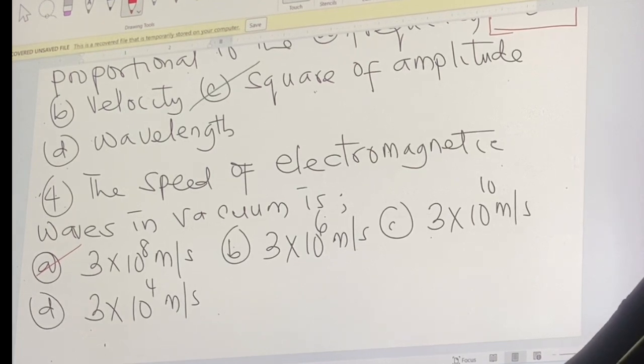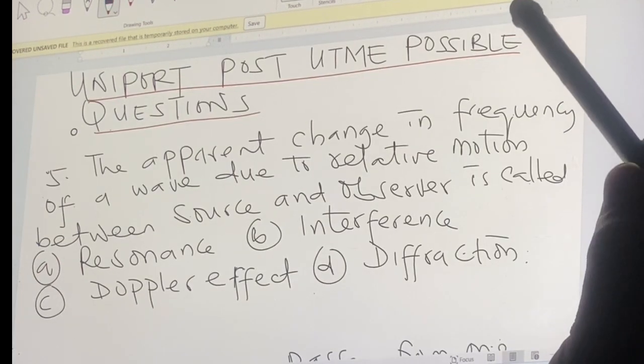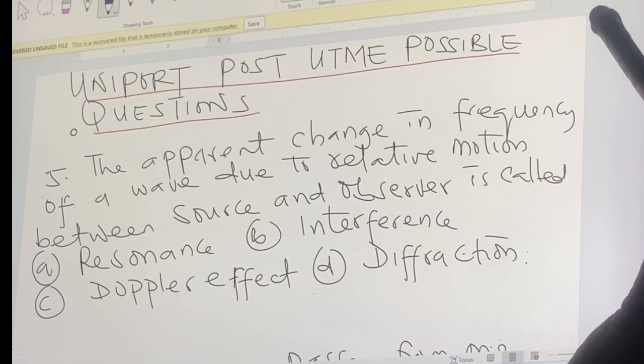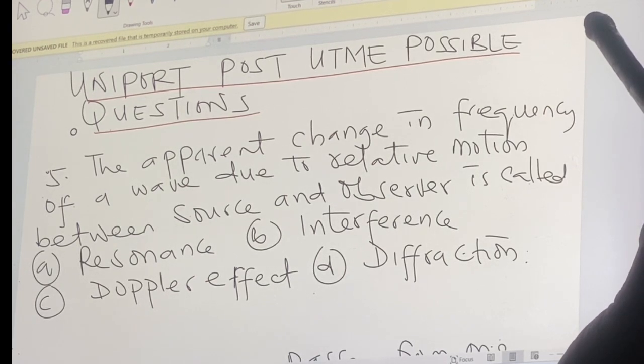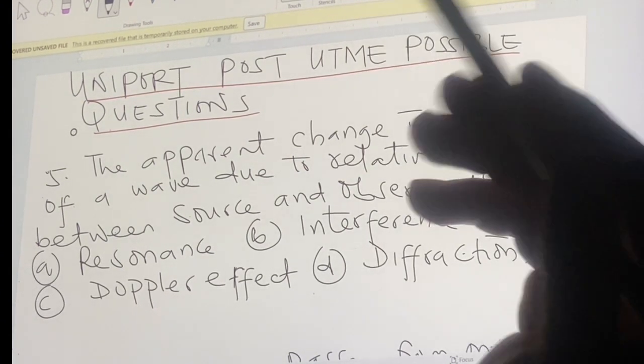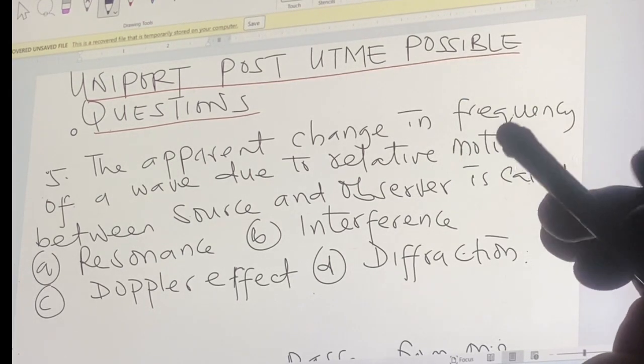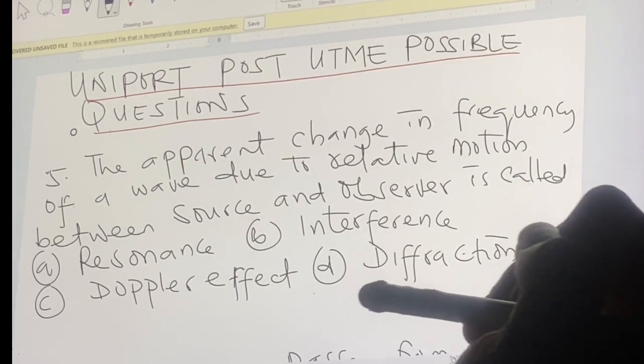That is question 5. They said the apparent change in frequency of a wave due to relative motion between source and observer is called. Now this is what you have to understand here, please listen to me carefully.